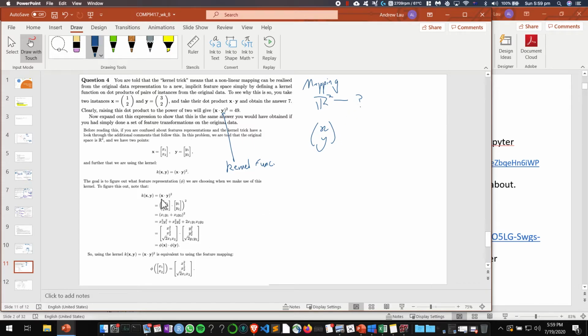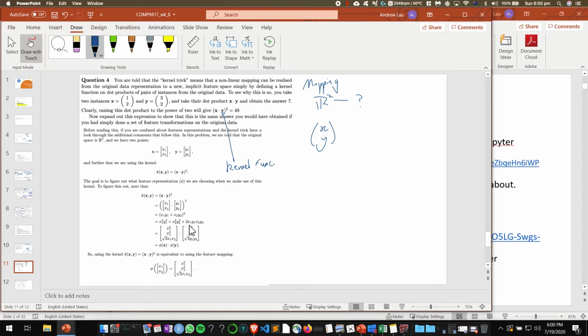So as a starting point, let's expand this out. We have x and y, two vectors, and let's expand it out. We just have this dot this, and the dot product is x1 y1 plus x2 y2. We square it and expand it out.